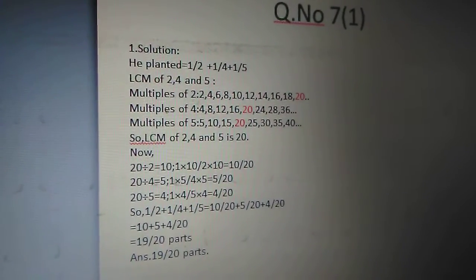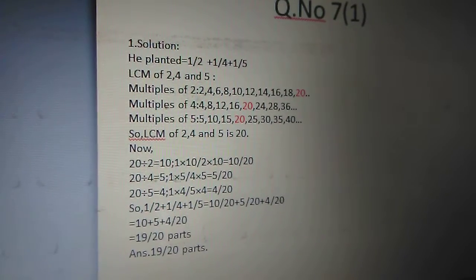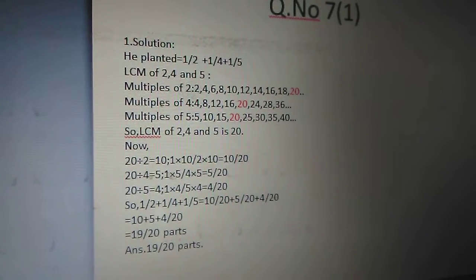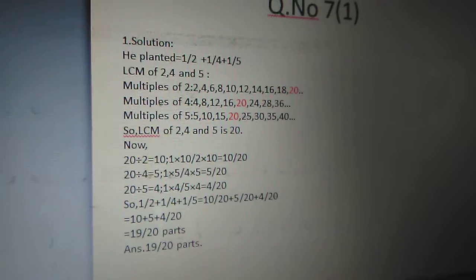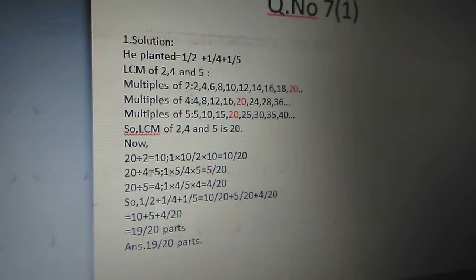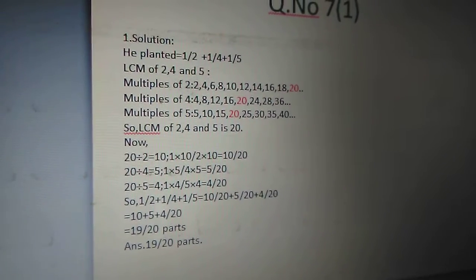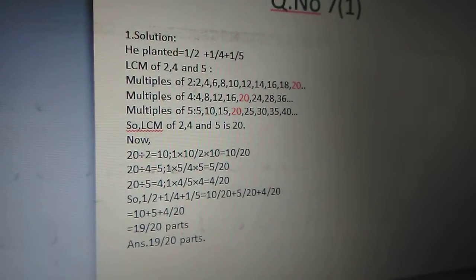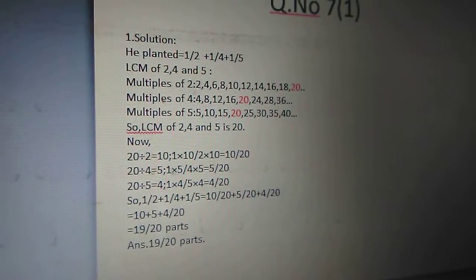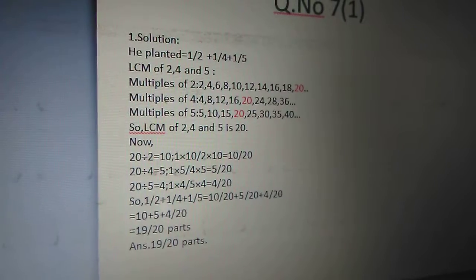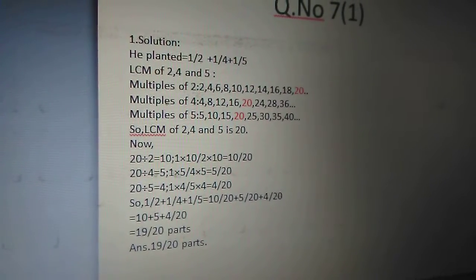So question number 7.1: he planted 1/2 plus 1/4 plus 1/5. We get the LCM of 2, 4 and 5 by the multiple process. Then we got the LCM 20. Then we divide this LCM by the denominators of the given fractions.